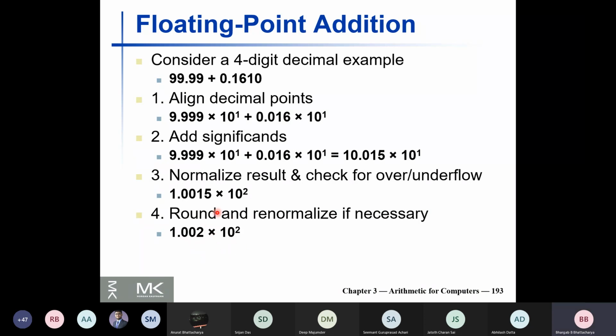And the same thing we would need when you do the floating point operation in the binary domain. So when you do floating point addition in the binary domain, we have to go through this procedure: alignment, then addition of significands, normalization, and changing the exponent value, check for overflow or underflow, and rounding, because this mantissa part may exceed the 23 bits, and keep on doing this, and finally output this result.